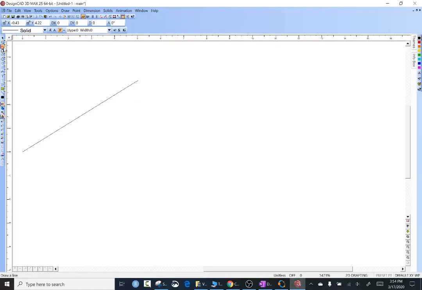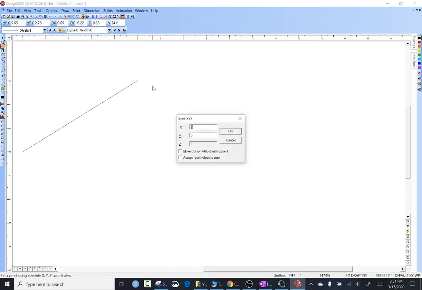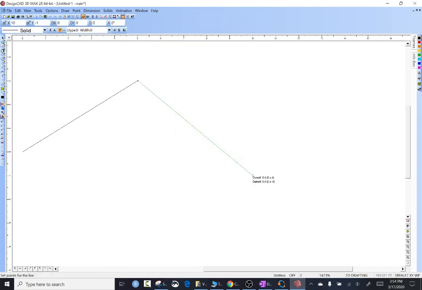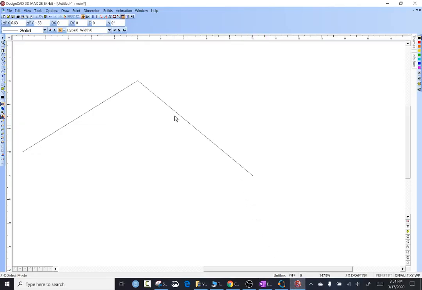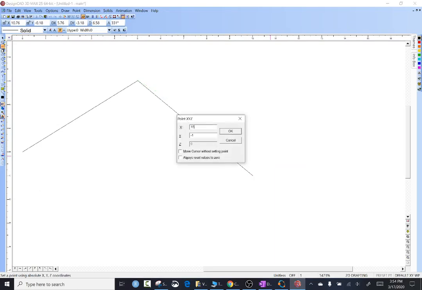You can draw a line from the point B to the point 10 and -1, I believe. Nope, I'm drawing at 15. Try it again. 15 and -1.